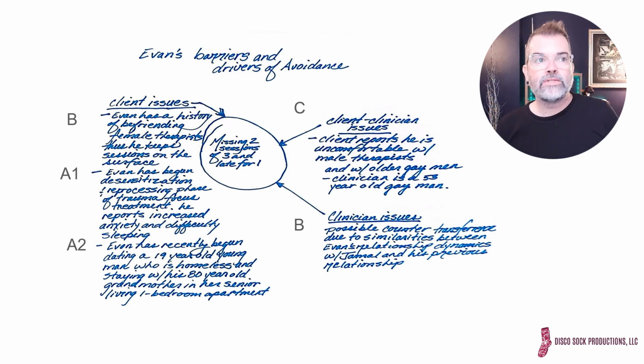But what we want to do next is I want the client to give me a priority for each of the drivers that we've identified. So in other words, I don't mean if there's 5 barriers or drivers to the behavior that we're identifying and focusing on, it isn't first priority, second priority, third, fourth, and fifth priority.